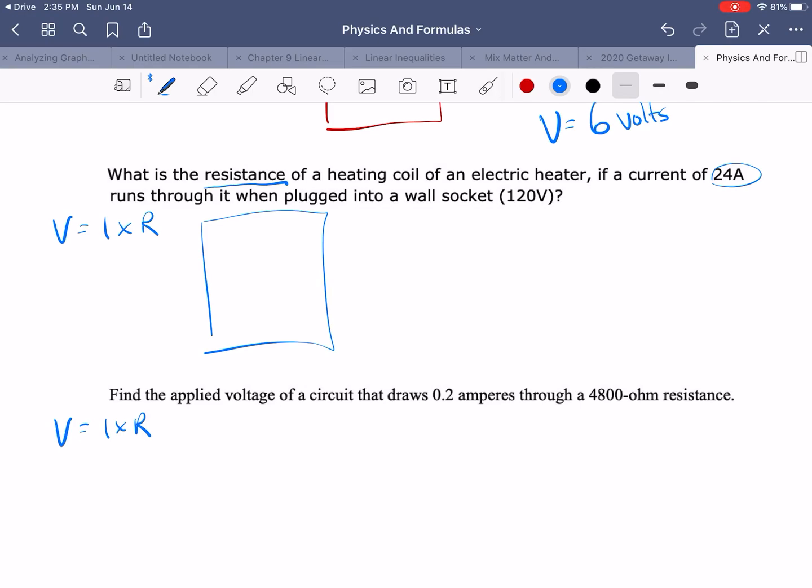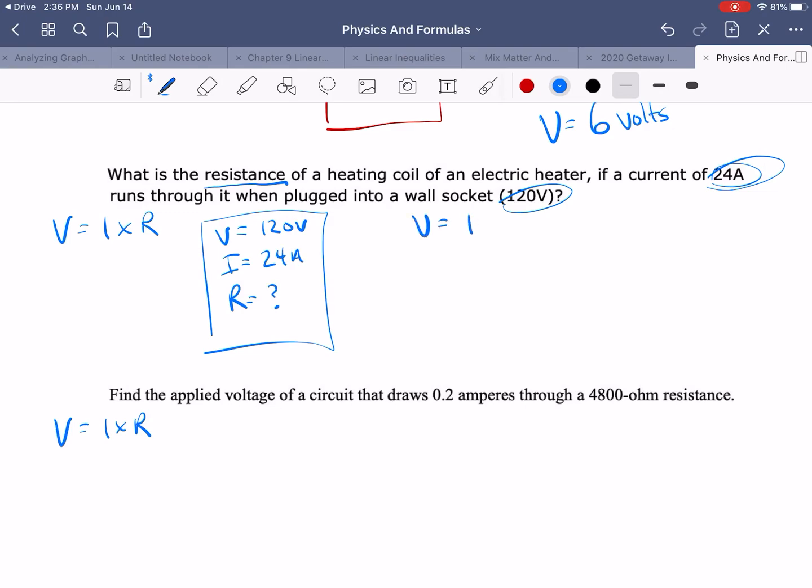Okay, so V, I, R. Volts, we have 120. Amps, we have 24. Resistance, we don't know.